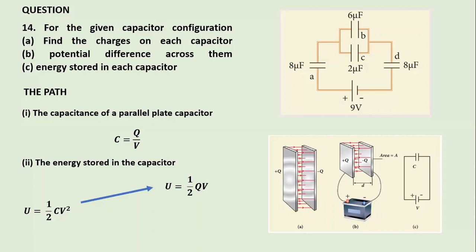Then substituting V as Q by C, we get epsilon equals 1/2 Q squared by C. Out of these three formulas, the first, epsilon equals 1/2 CV squared, will be used in this problem.